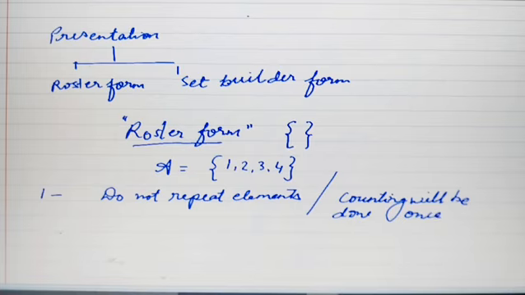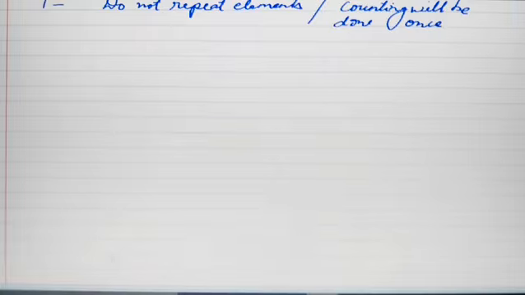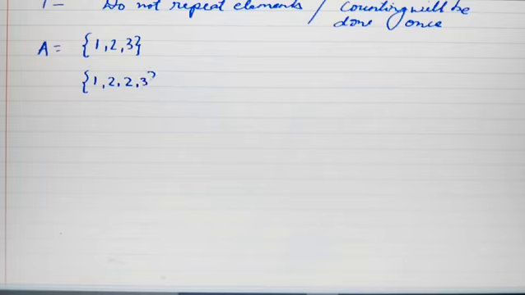So there is no need to write any element twice. Now see, if I'm writing a set like this, {1, 2, 3}, and another like this, {1, 2, 2, 3}, this is the right one, that is the wrong one.